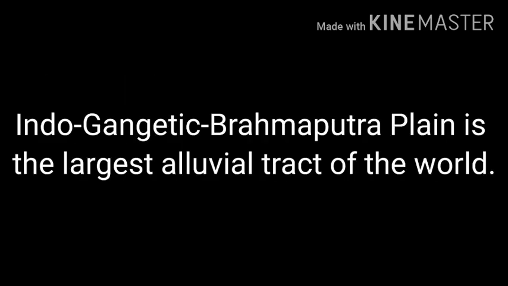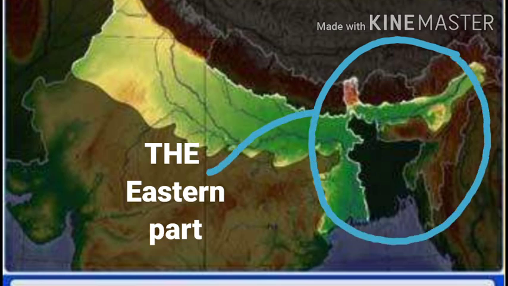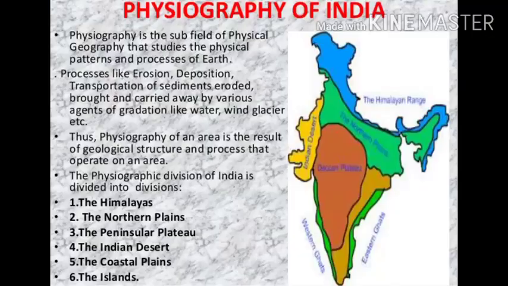The interesting fact is that the greater part of the plain is made up of alluvial soil deposited by the three main rivers and their tributaries. The eastern part of the plain has light rains in the winter, but in summer rainfall is so heavy that vast areas become swamps or shallow lakes.